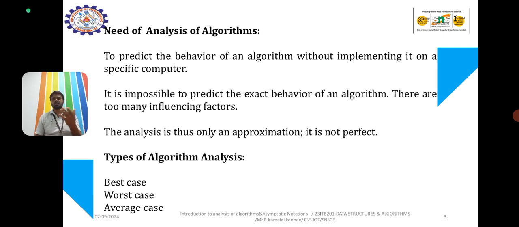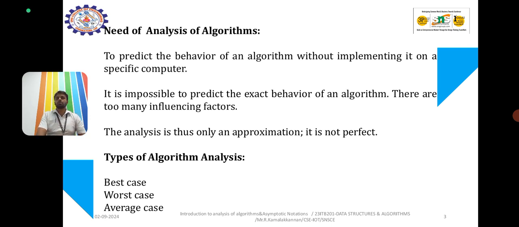The main advantage of doing this analysis is that before implementing, we know the result, I mean the behavior and the outcome. If it is not satisfactory, we just drop it in the analysis itself, so that we save our implementation time. That is a major and notable thing in this analysis of algorithm.